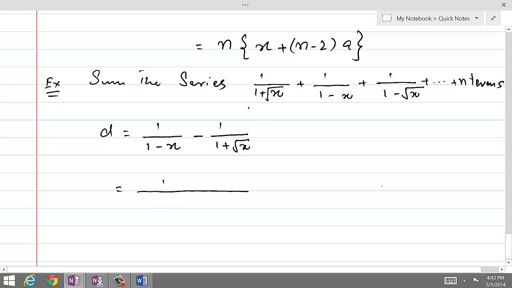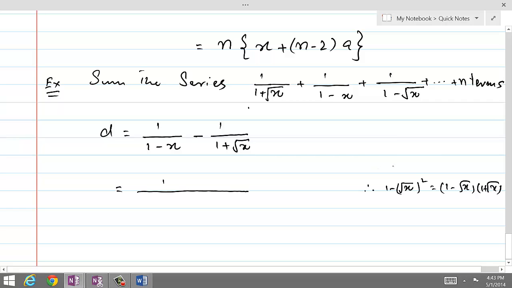If we take a look at these fractions from algebra, we can write 1 minus x as 1 minus under root x times 1 plus under root x.